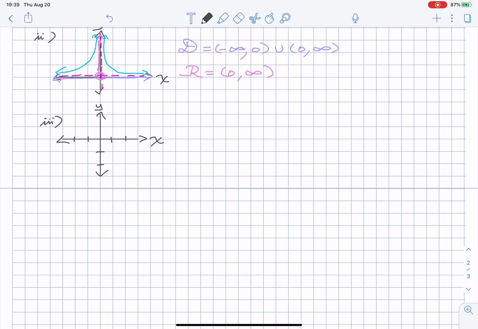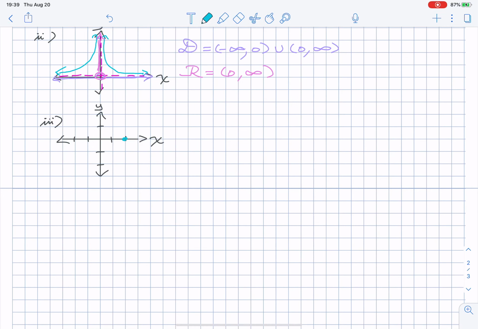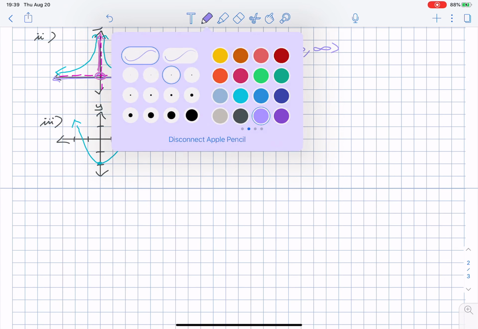Oops. So we have a solid dot here and something that looks like so. Why am I having such issues drawing a nice curve? Why is that so difficult? So I'm going to put an arrow going to the left, but it stops here on the right.